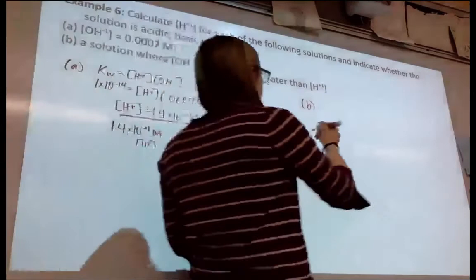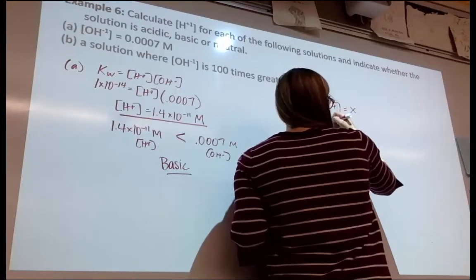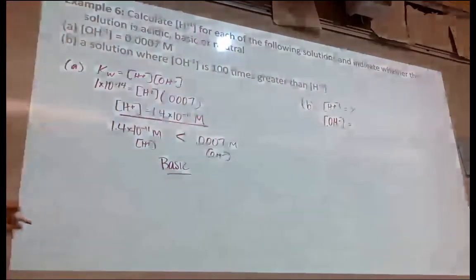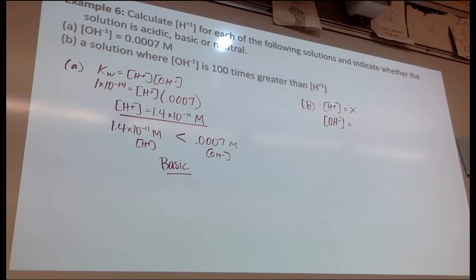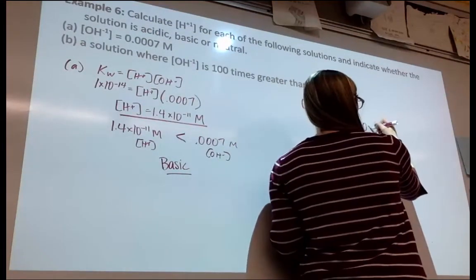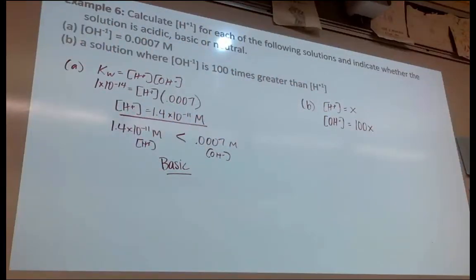But if I say that H plus is X, they tell me that the concentration of OH minus is 100 times greater than H plus, so OH minus would be 100 times X. Now we know the relationship between H plus and OH minus.